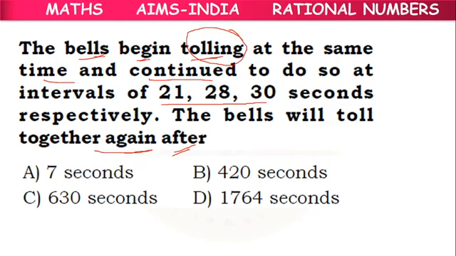Here, the ringing of the bells started, all of them at a time. But after intervals of 21 seconds, 28 seconds, 30 seconds, at those regular intervals, they ring at the same time.